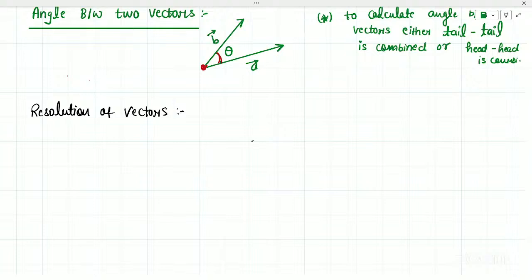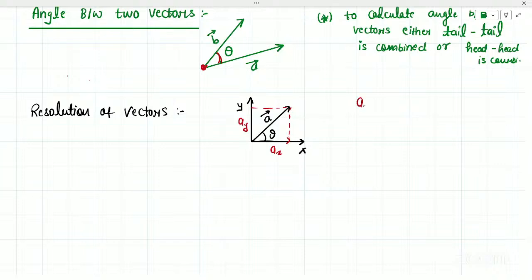Now we know that if there is a vector A given to us at an angle theta, in the Cartesian plane, or the coordinate axis, we can break this vector into two components according to the axis. The component along the x-axis will be termed ax, and the component along the y-axis will be termed ay.